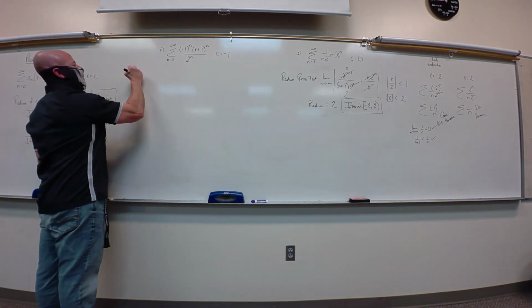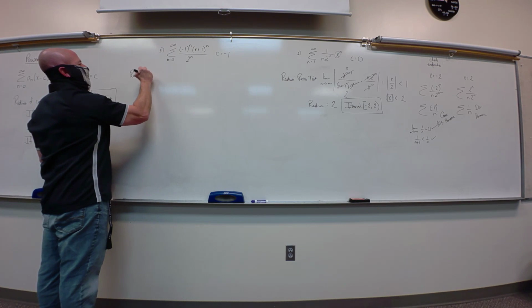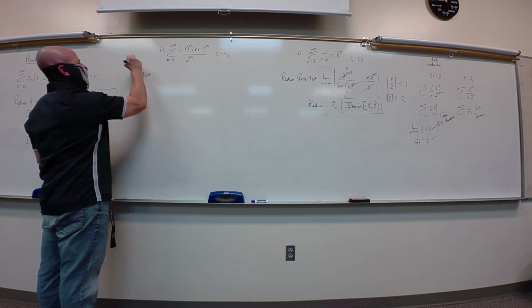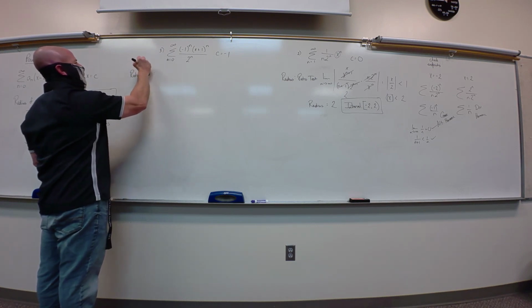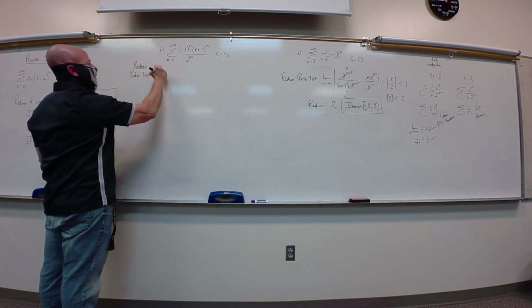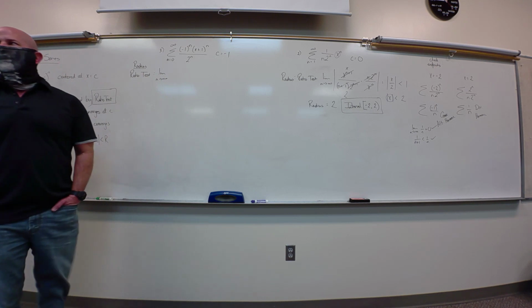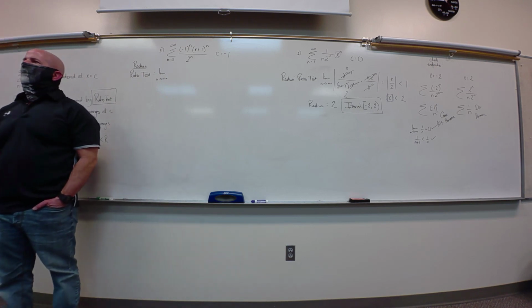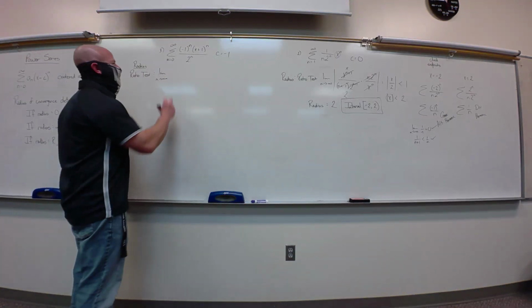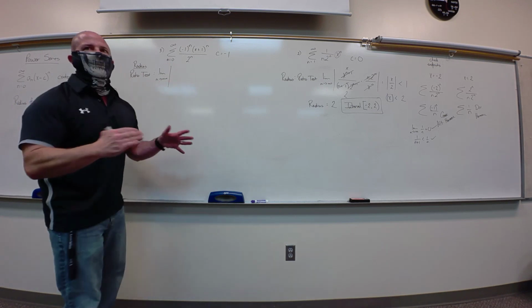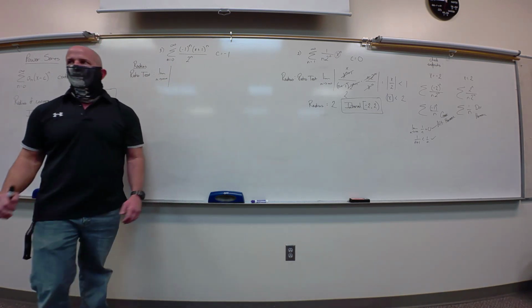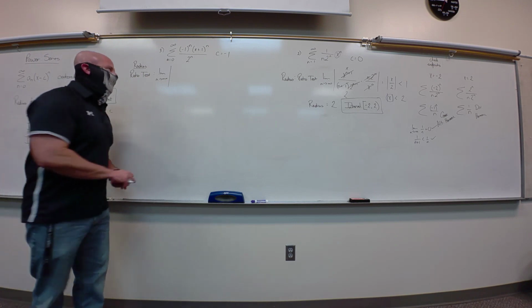Ratio test, because I'm trying to get the radius. As I set up this ratio test, let's think here. What is it I don't really need to put in there at all? Negative 1, because it's going to be absolute value. What am I expecting to get out at the very end? x plus 1.